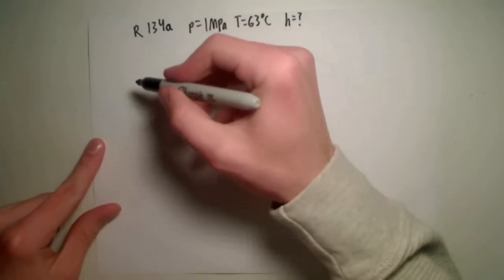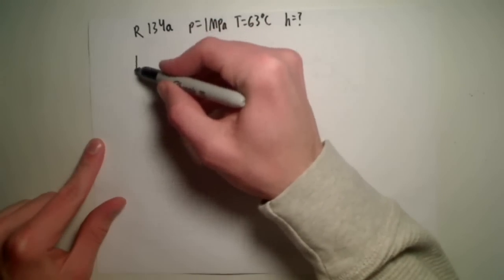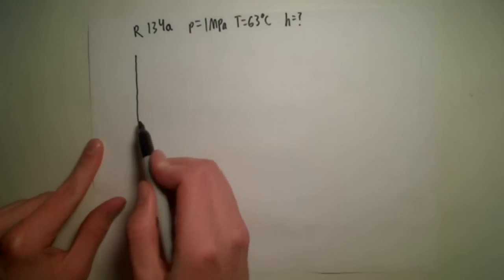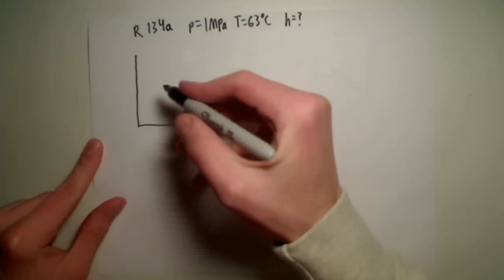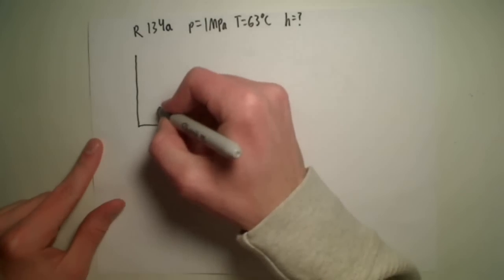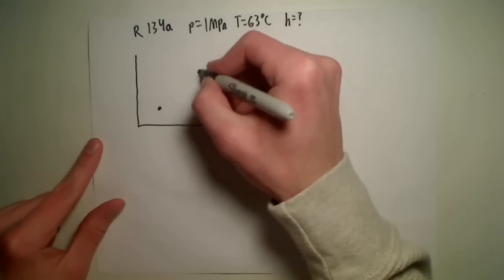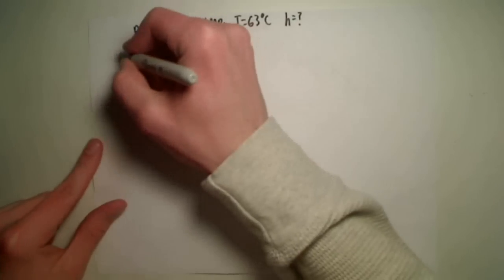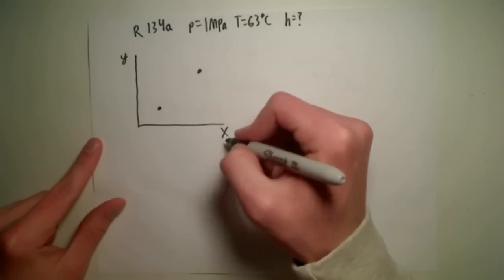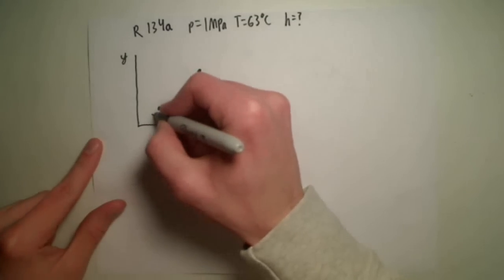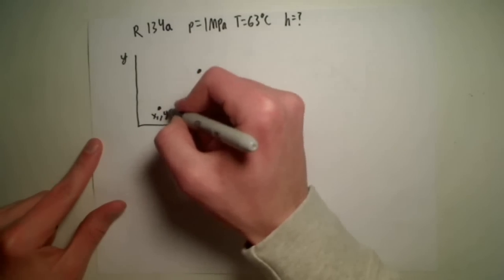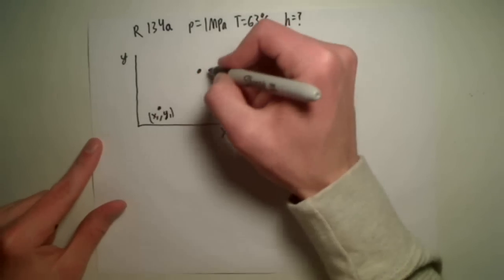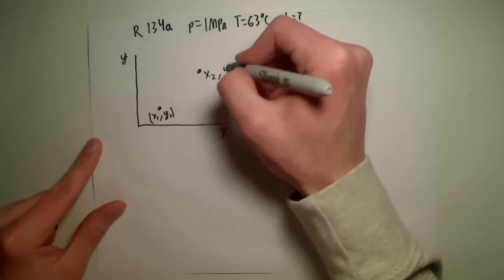Now, what linear interpolation is, basically, is let's say I have some graph, and I have 2 points that I know. This is the y-axis, this is the x-axis. This is x1, this is y1, this is x2, this is y2.